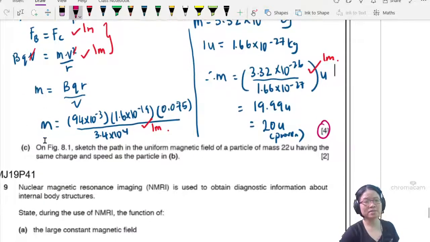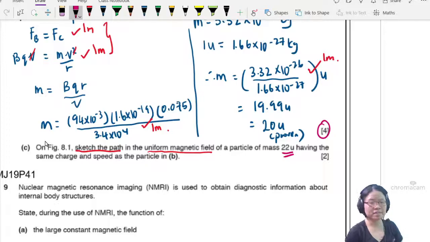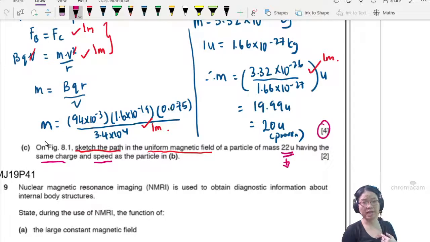All right, part C. On figure 8.1, sketch the path in a uniform magnetic field of a particle of 22U having the same charge and speed as the particle in B. So this 22U is heavier. It's more thick.